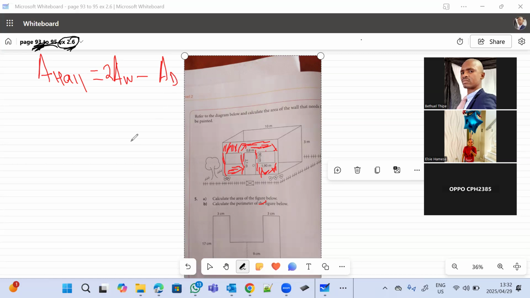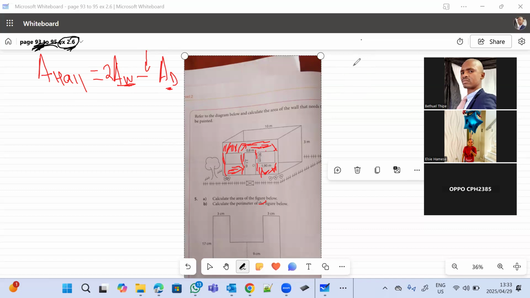Are we together? So the area of the wall is made up of, we must take out the area of the window, but there are two of them. That's why I multiply by 2. And we must also take out the area of the door.